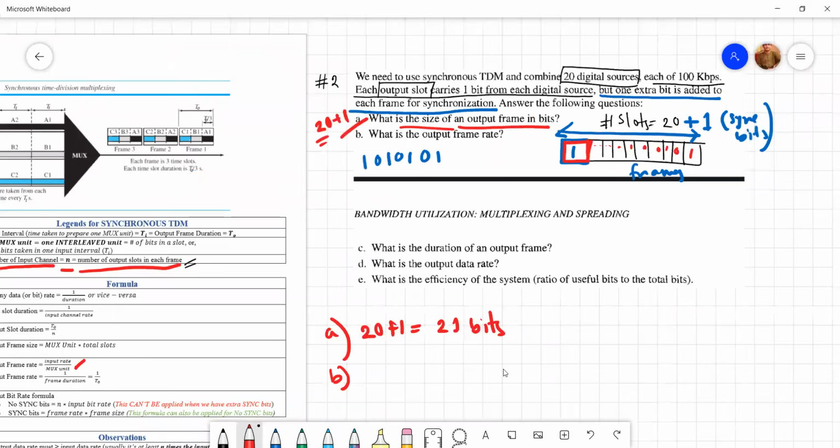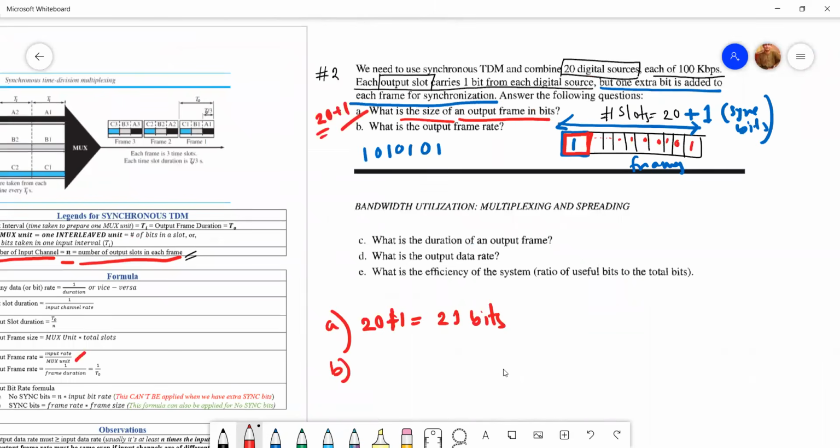So what is my interleaved unit? My interleaved unit or multiplexing unit is 1 bit, because the multiplexing unit is the number of bits you are gathering from each of the inputs. Here we are carrying 1 bit in each of the output frames or output slots, so the multiplexing unit is going to be 1.